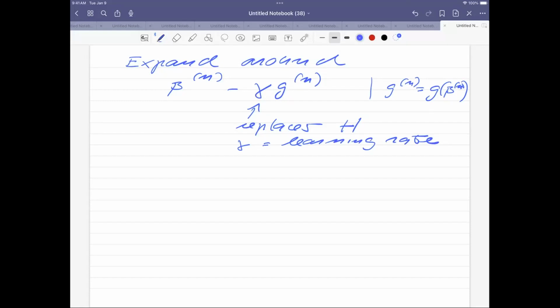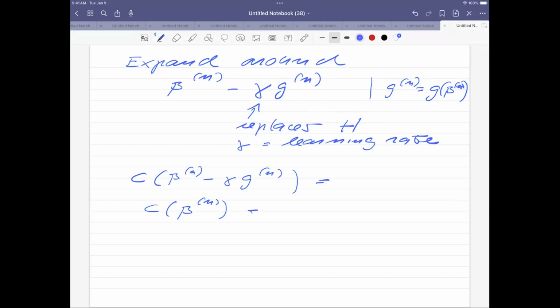Now, you can gain some insights about this Hessian matrix in the following way. If we now expand around this quantity here, what we're doing is to perform a new Taylor expansion. So we have a beta of n, so this is a vector, and gamma g of n, which is also a vector. We would rewrite this one. So it's again a Taylor expansion, but now we expand around this parameter gamma.